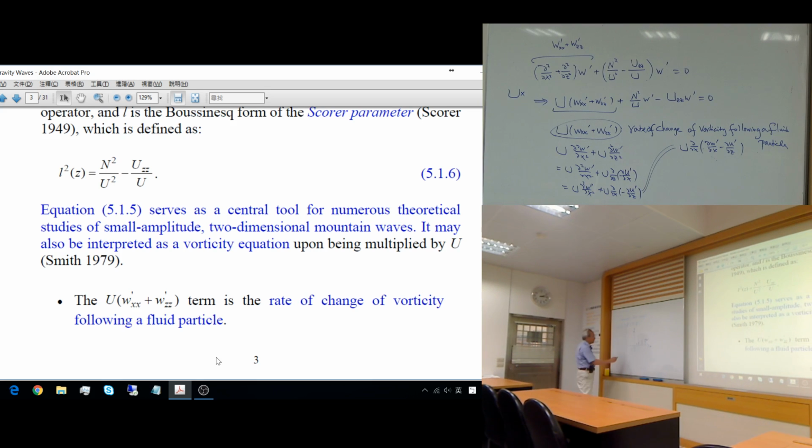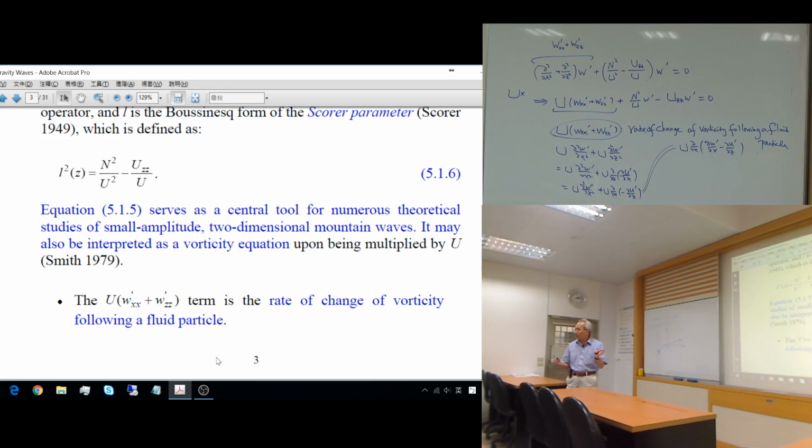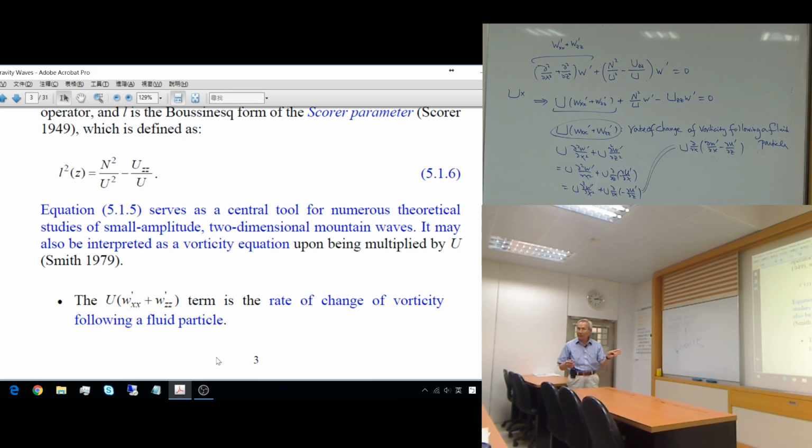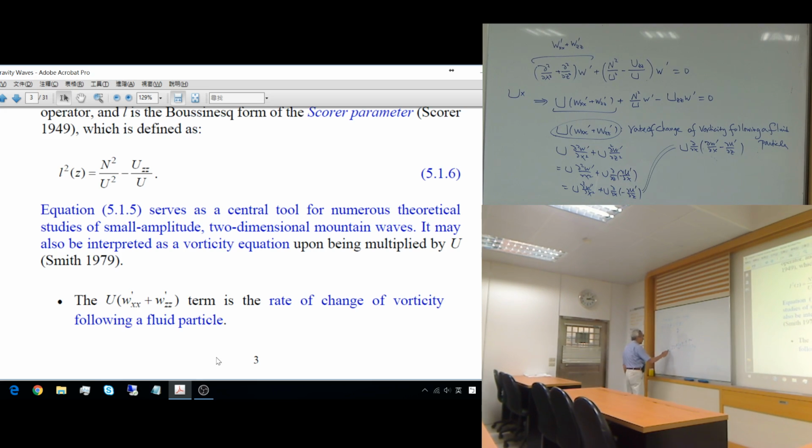So if we have partial w prime, partial x, then we have vorticity, right? Go this way, this way. So this is which kind of vorticity? It's y vorticity, in the y direction. But this is negative y. Okay, so this gives us the y vorticity equation.